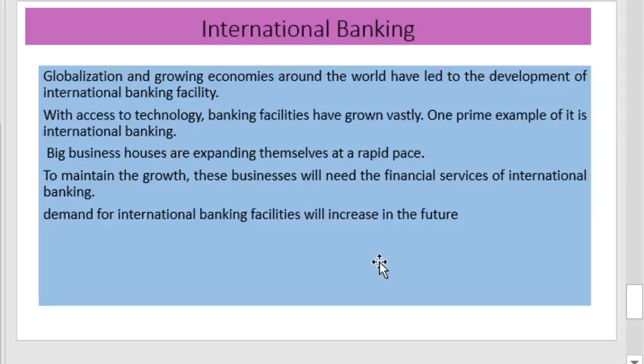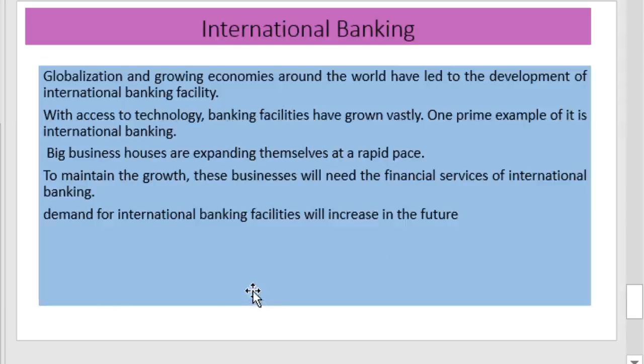Big business houses are expanding at a rapid pace, and to maintain the growth, these businesses will need the financial services of international banks. That is, nowadays the growth of financial business companies is not limited to a particular or domestic region. It is growing internationally, and therefore international banks have an important role to play, and the demand for banking facilities will also increase in the near future due to the development of technology and other means of payment.